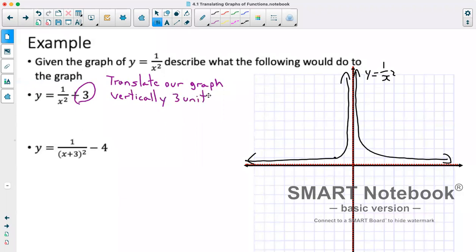Now, if it moves any asymptotes, we'll also list that. Because the whole graph is moved up 3, our horizontal asymptote is moved to y equals 3.